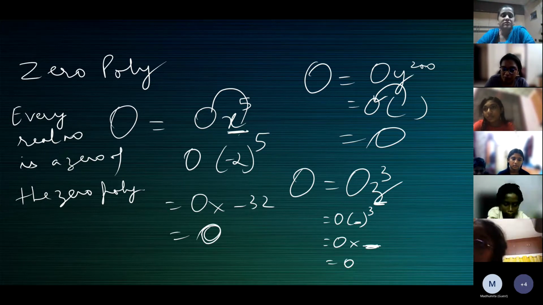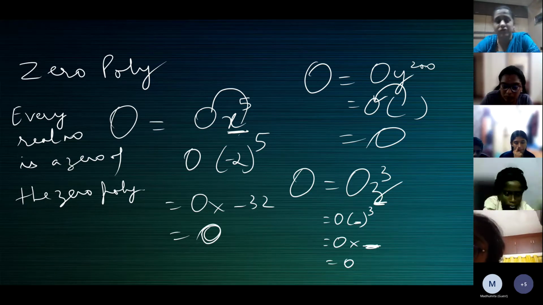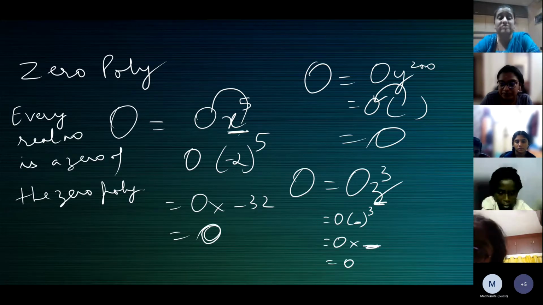So, classification of polynomials based on the number of terms, classification of polynomials based on the degree, and then the number of zeros of a polynomial. A polynomial may have only 1 zero, 2 zeros, 3 zeros, 4 zeros, or no zero.